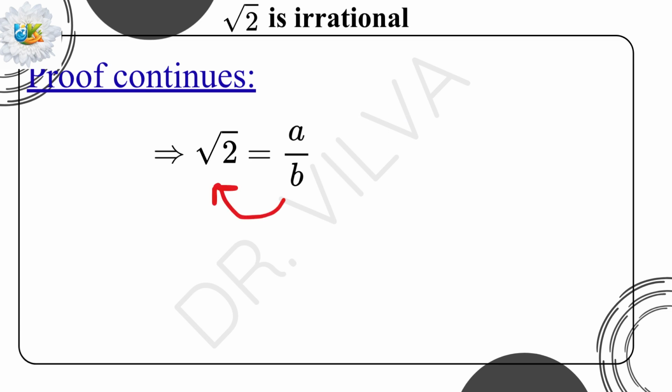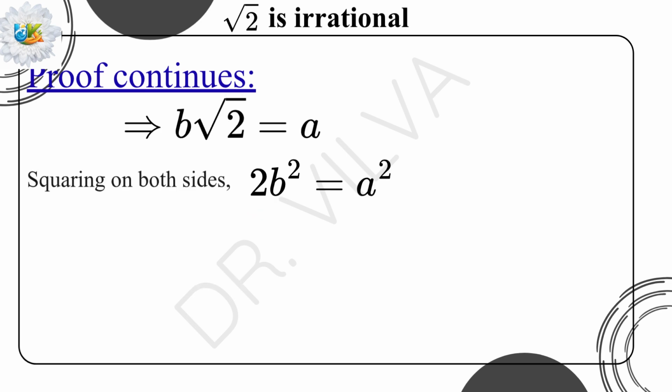If we cross multiply b with square root 2, we get b times square root 2 is equal to a. To get rid of the square root, let us square both sides of the equation. This gives us 2b square equal to a square. Now, look closely at 2b square equal to a square.